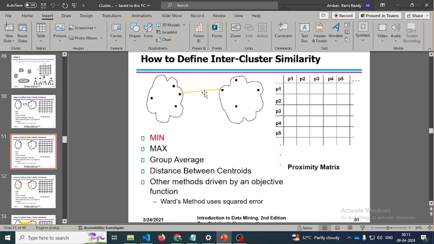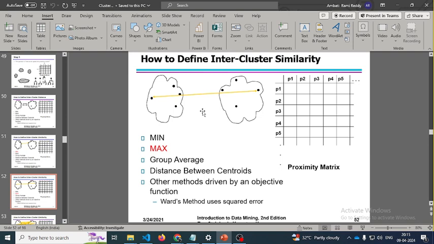So only these two points, if you are using the minimum criteria to compute similarity, these two data points have the minimum distance. If you want to use the max criteria between these two clusters, this data point and this data point have the max.